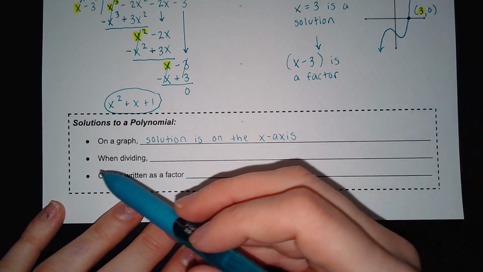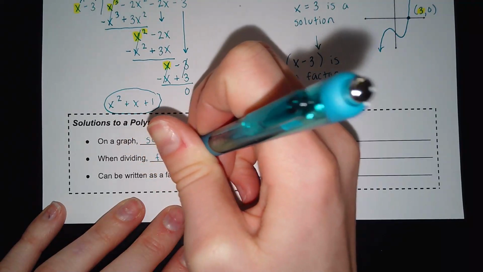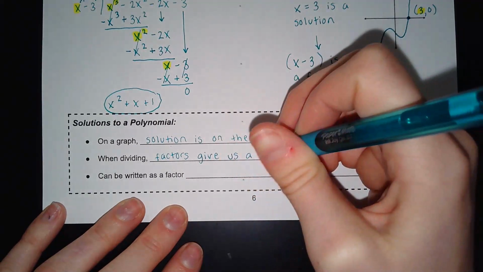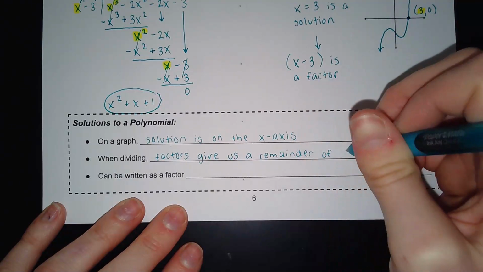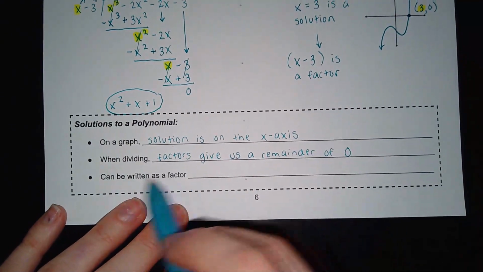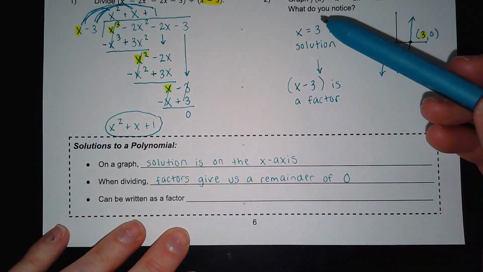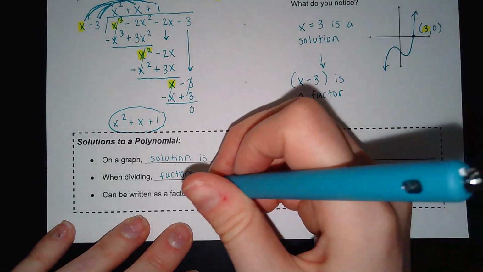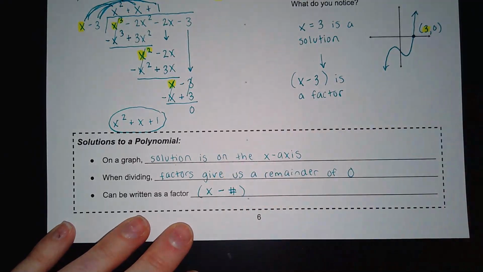So we're going to say when we're dividing, factors give us a remainder of 0. And we know that we can take these solutions and write them as factors. So for example, if my solution was 3, we could write it as a factor, x minus 3. So I'm going to say x minus our number, whatever that number is.